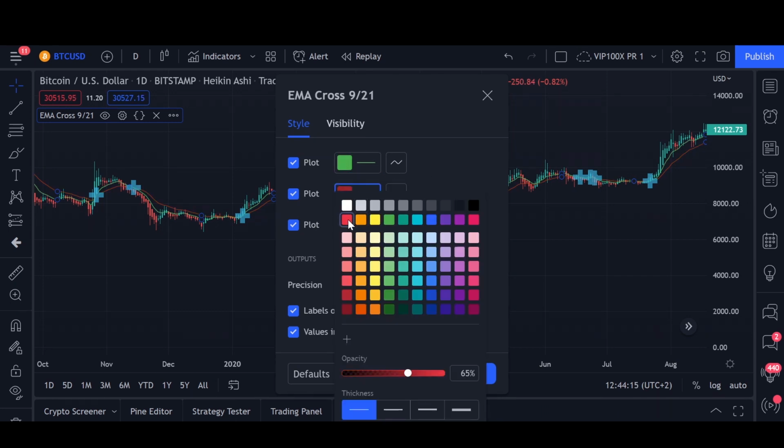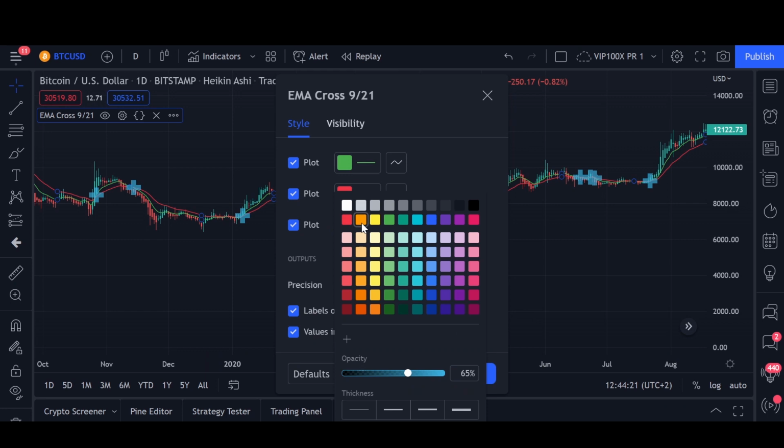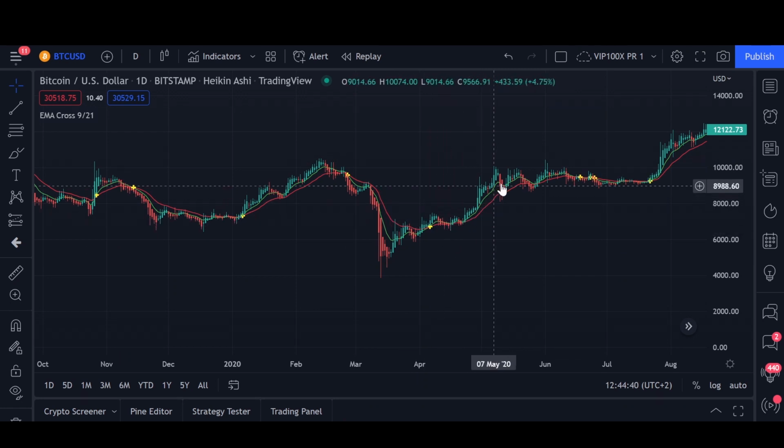You increase the opacity until 100% and then go here if you want to change the color and size of the cross. We will choose yellow, opacity 100% and the third option for thickness. Click OK and there you go. Now you can implement the strategy. This is valid for every crypto, stock, bond, forex pair, etc.